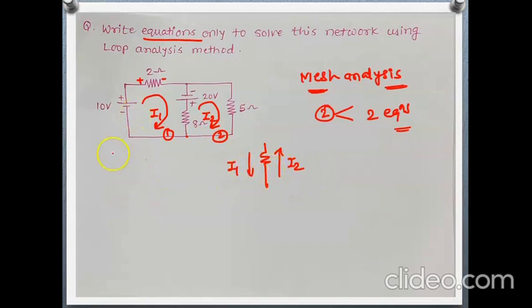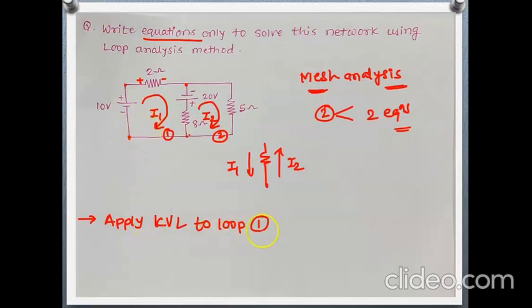So first we'll apply KVL, Kirchhoff's voltage law, to loop 1. What is loop 1? This is loop 1, from here to here, again from here to here and back to this position. This is the total loop 1.